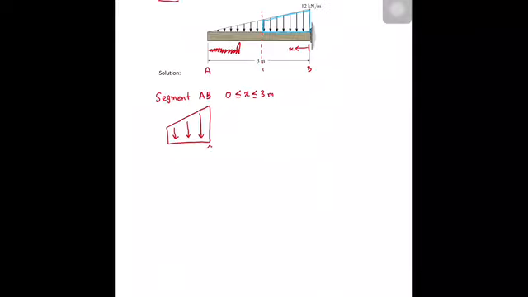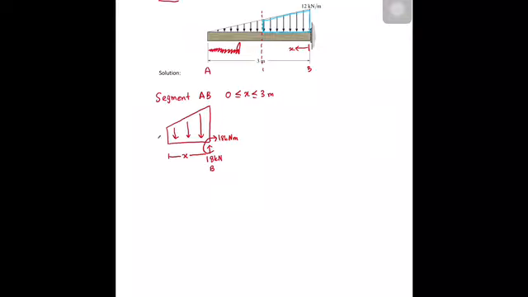At here you have a support reaction which is 18 kilonewton and also 18 kilonewton meter moment. The distance is x, so this is point B.